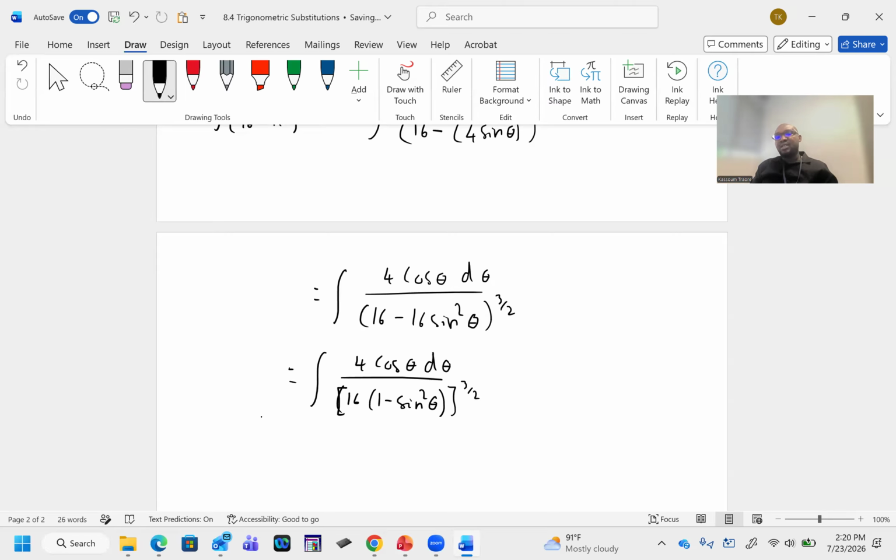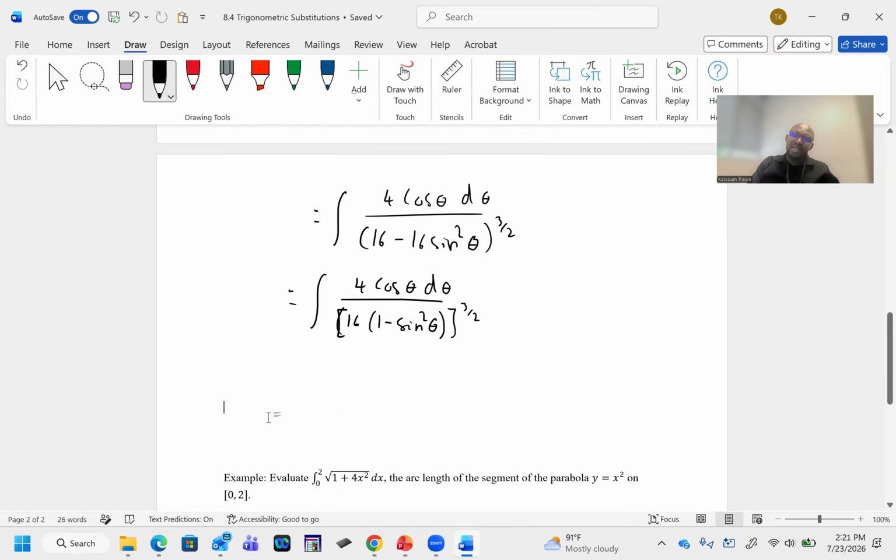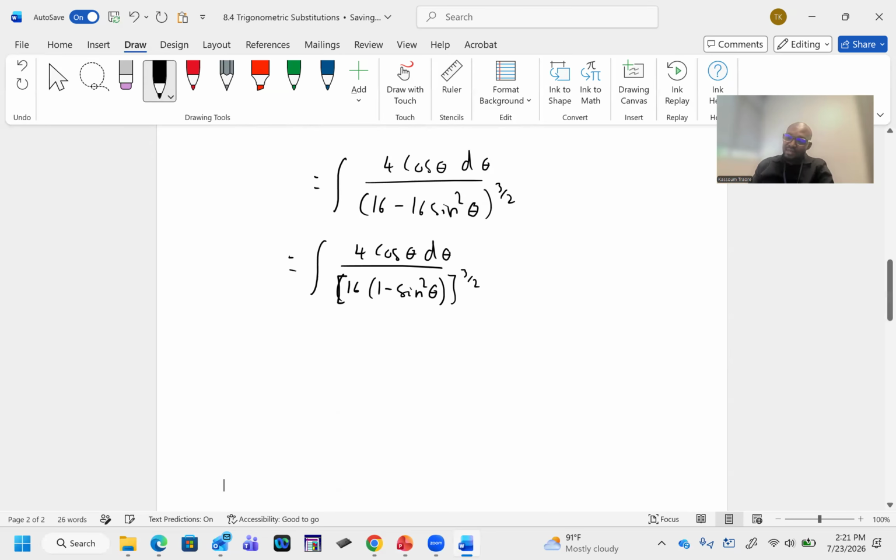And 1 minus sine squared theta is what? Cosine squared theta. Good. That's an identity, right? So I will get 4 cosine theta d theta on the numerator, over 16 cosine squared theta to the power of 3 over 2. I mean 16, not 4, 16.